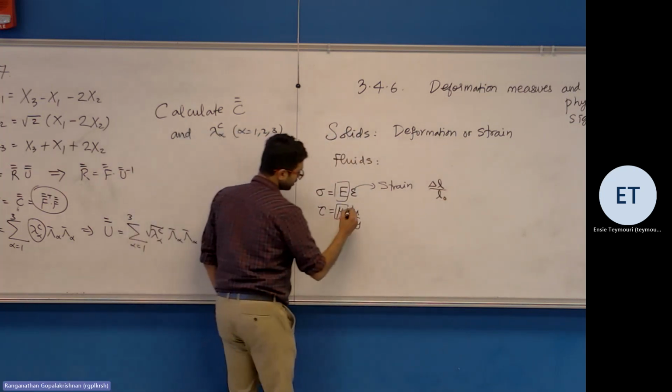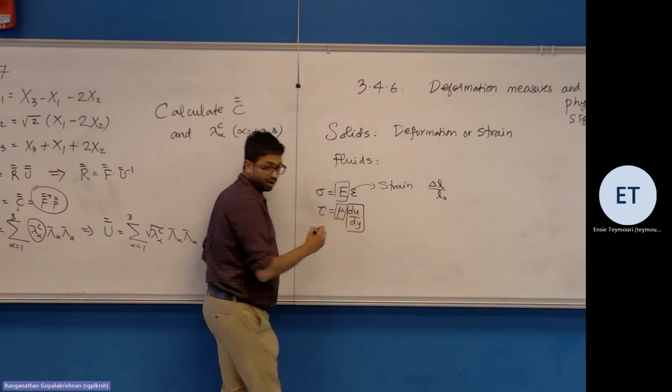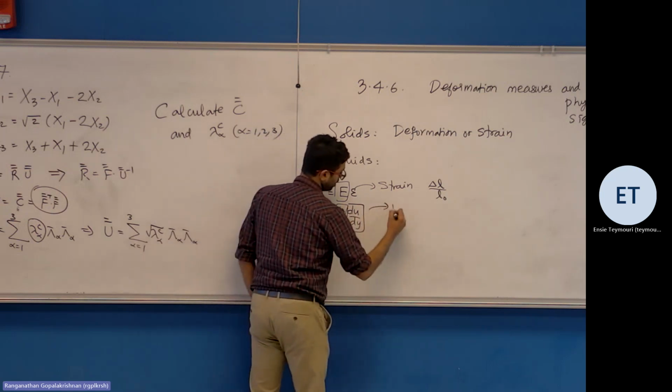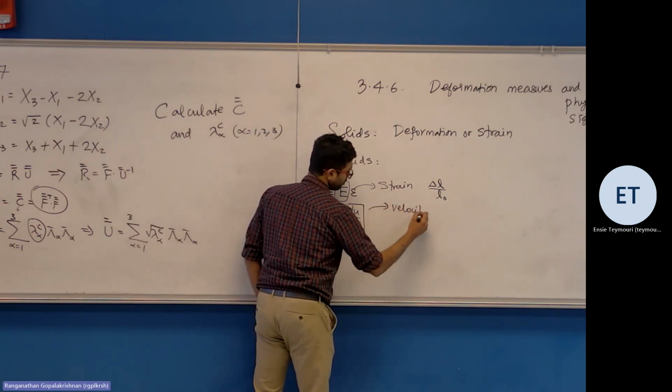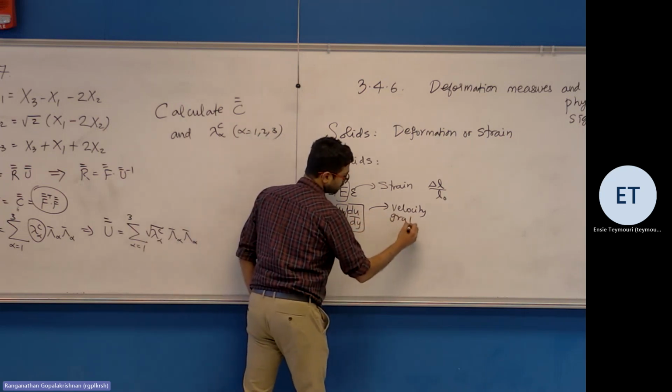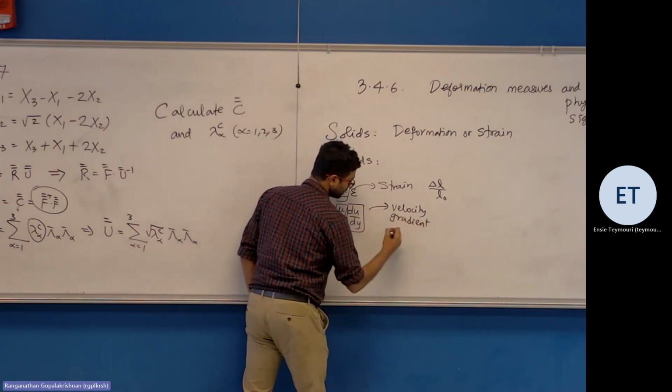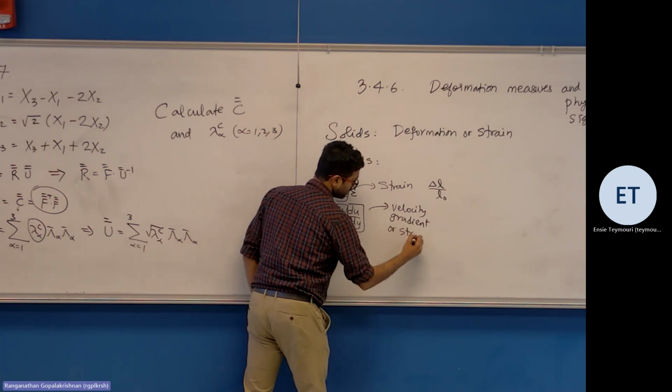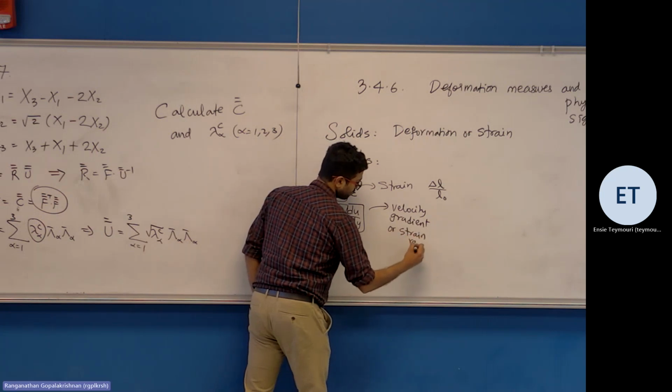Right? This quantity du by dy, if you are not aware, is called the velocity gradient because it's like a change in velocity with position, but it is more correctly referred to as strain rate.